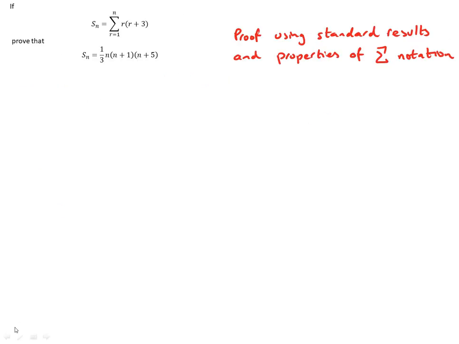Now the second way we can do the proof is by using the standard results together with the properties of sigma notation. So we've got Sn is the sum between r equals 1 and n of r times (r plus 3). r times (r plus 3) is the same thing as r squared plus 3r. So we've got the sum between r equals 1 and n of r squared plus 3r.